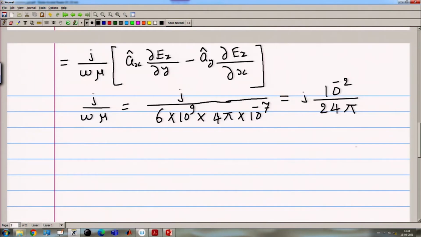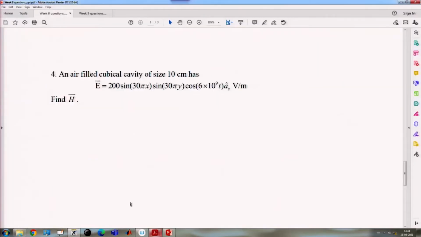After this, H can be written as j 10 to the power minus 2 divided by 24 pi inside the bracket, and del E z by del y. 200 is the amplitude of this electric field, so 200 will come outside because it is common in both the cases.